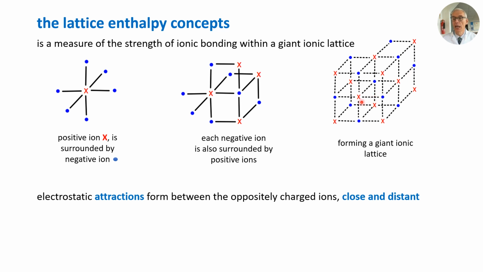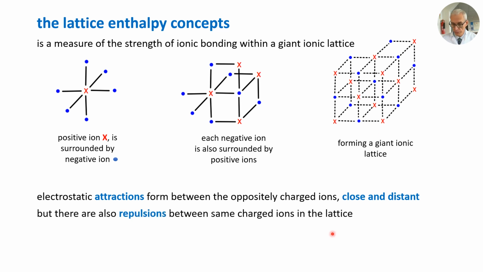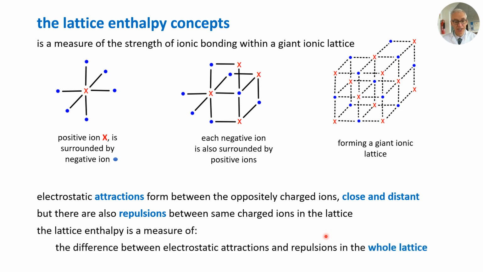Similarly, the positive ions will form repulsions with the other positive ions. So we have an overall strength of bonding, which is the difference between the electrostatic attractions and the electrostatic repulsions between same charged ions in the whole lattice.